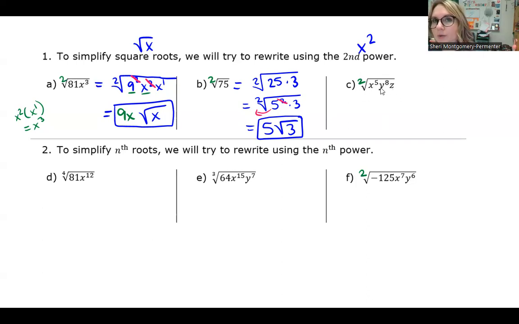For the next one, we have no numbers, but that's okay. That is okay. So what I'm going to show you is that, again, what do we want to try and rewrite things as? To what power? Second power, okay.